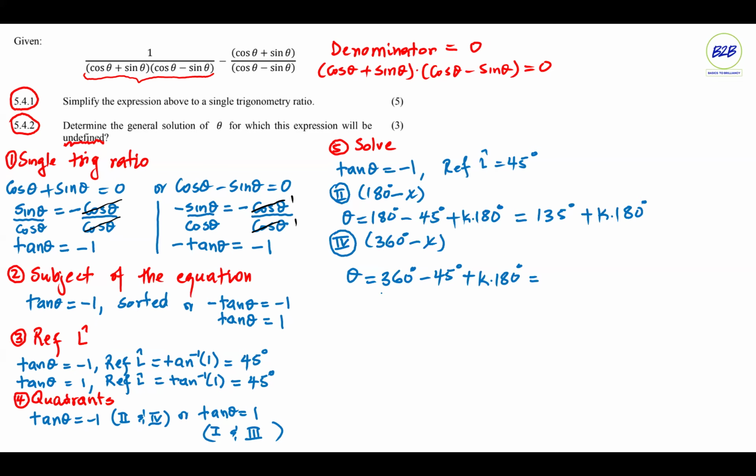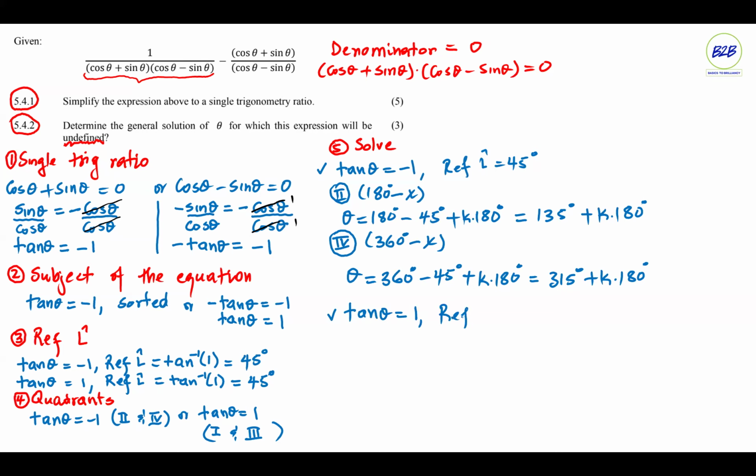You press that in your calculator, 360 degrees minus 45, that should be 315 degrees plus k times 180 degrees. All right, so that is the first problem, which is tan theta is equal to -1. Now let us go into the second problem, into the second equation. Tan theta is equal to +1.